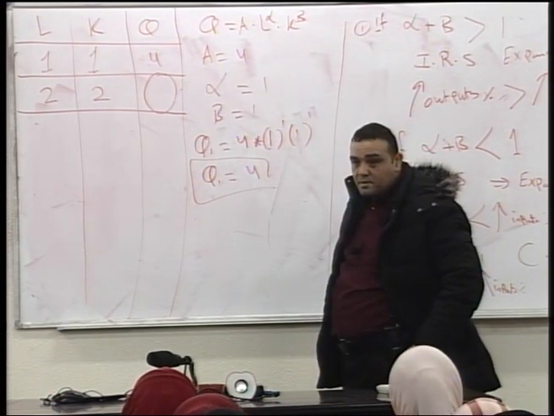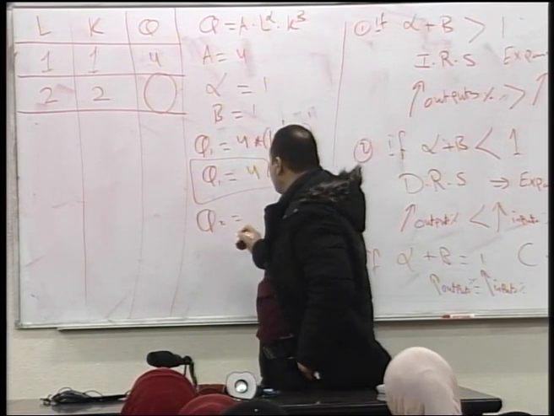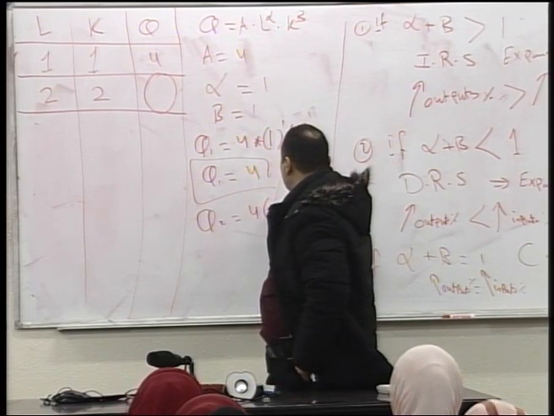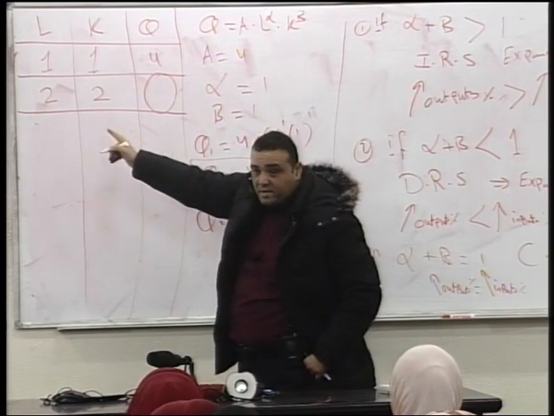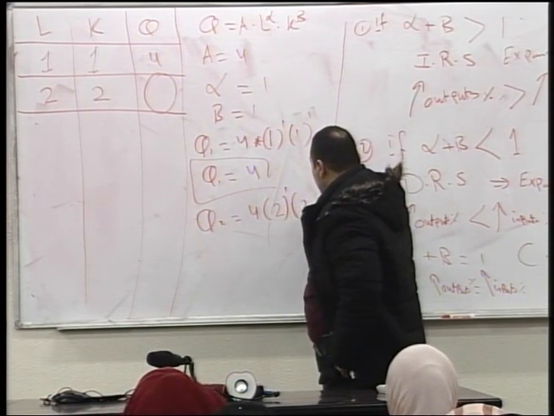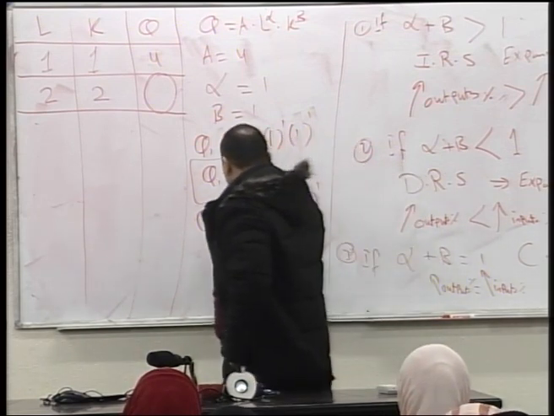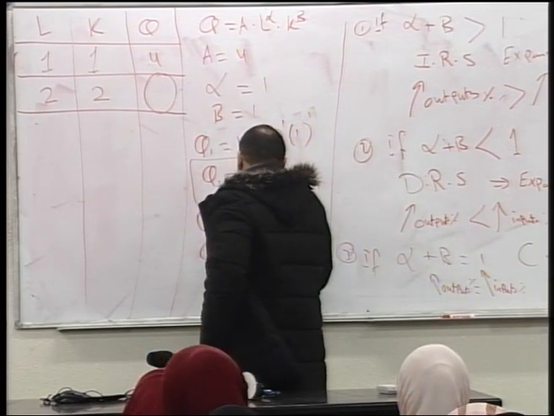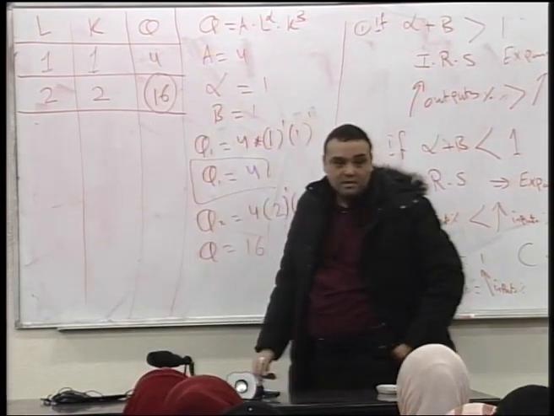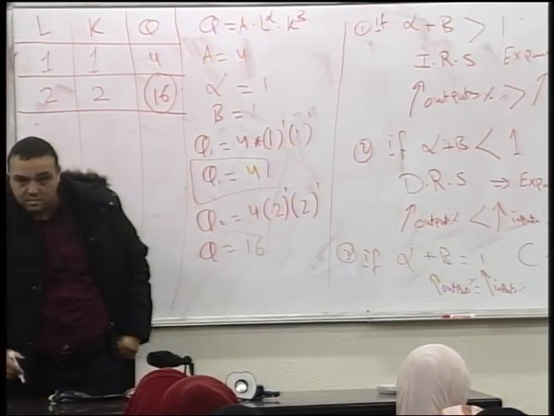Q2 equals 4 times 2 raised to the power 1 times 2 raised to the power 1, equals 16. So this is increasing returns to scale.